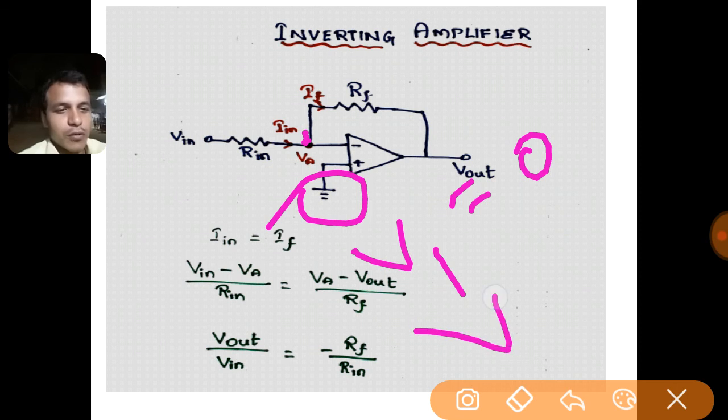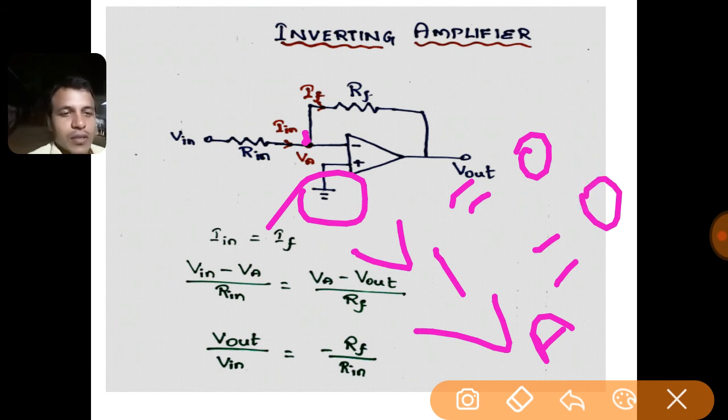Since V1 equals 0, the voltage at node A, VA, is also equal to 0, since it is virtually grounded with respect to the non-inverting input voltage V1.